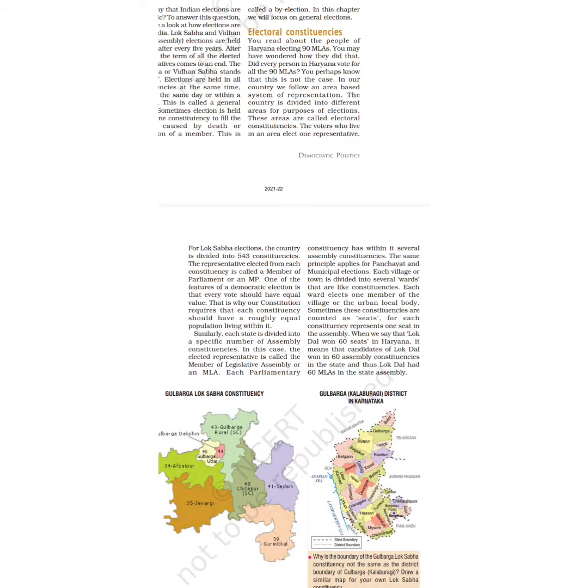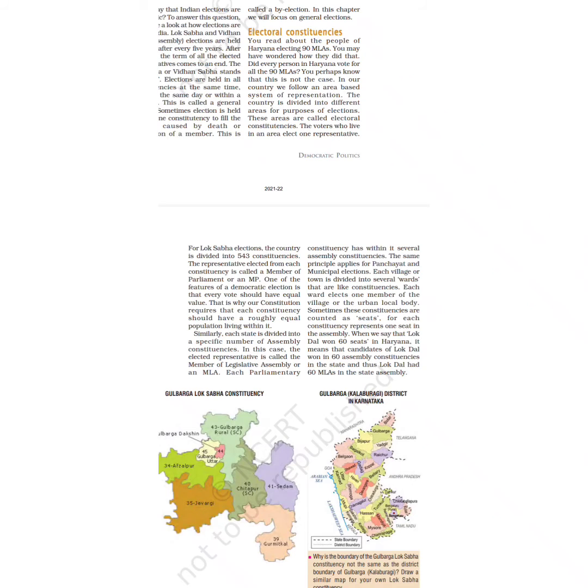Similarly, each state is divided into a specific number of assembly constituencies. So just as the country is divided, every state is divided into assembly constituencies, and when elections take place, the person the people choose as their representative is called a member of legislative assembly, or MLA.